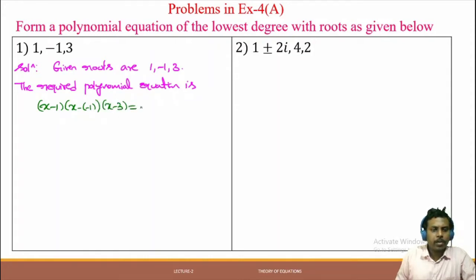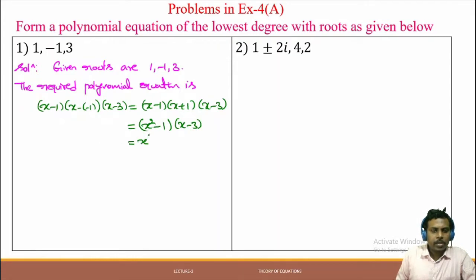So that is equal to x minus 1 into x plus 1 into x minus 3. This is of the form a plus b into a minus b, so this is x square minus 1 into x minus 3.